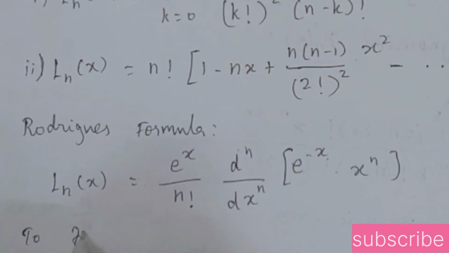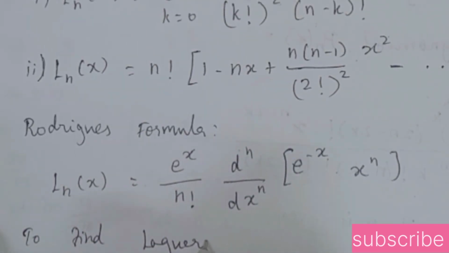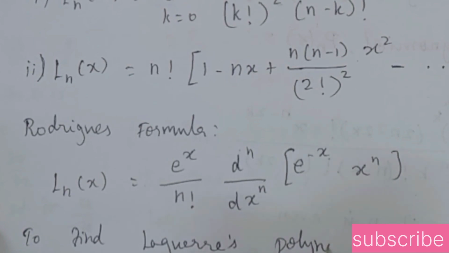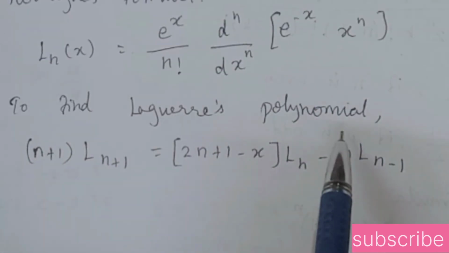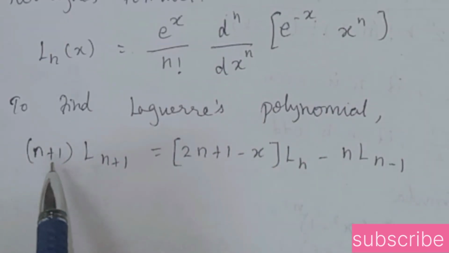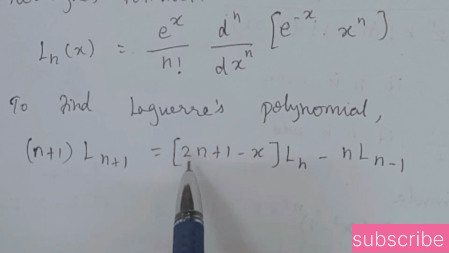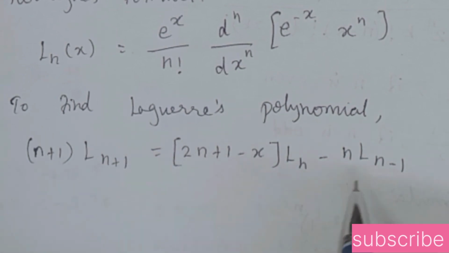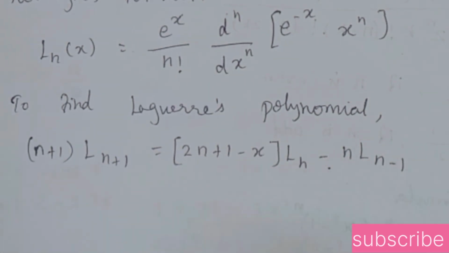We can find Laguerre's polynomial in terms of several n values. We use the equation n plus 1 into Ln plus 1 equal to 2n plus 1 minus x into Ln minus n into Ln minus 1.